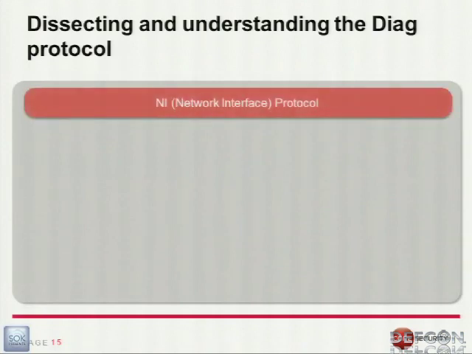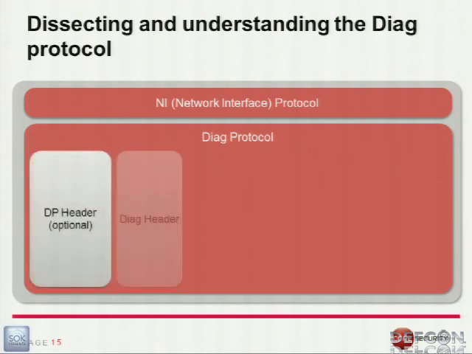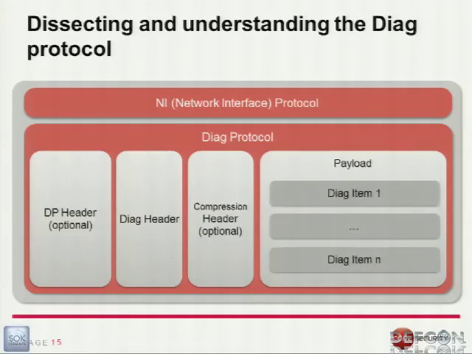So let's see how a regular dialog packet looks. First is the network interface protocol, which is only a 4 byte header that contains the length of the remaining payload. And the dialog protocol is composed of different headers and the payload itself. There's one header that is optional and only used during the initialization, which is the DP header.